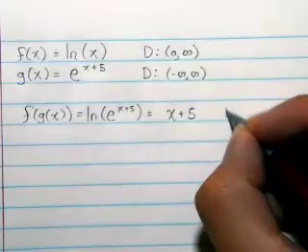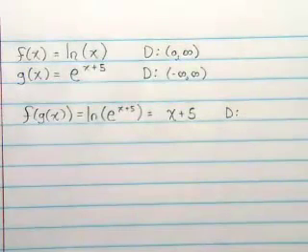Can we identify the domain of that thing, though? So again, go back to before you simplify it. Ignore the natural log for right now. In right here, what numbers can I plug in for x into the e to the x plus 5? Anything, right? Everything still works.